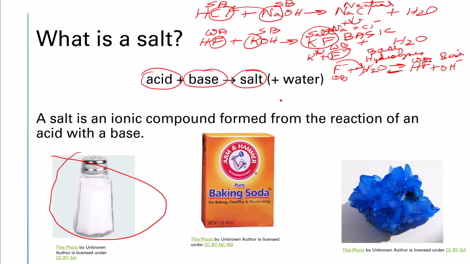Let's try one more. Let's switch it up and let's do NH3. You might remember that NH3 is ammonia, and ammonia is the principal weak base that we talked about. We're going to mix it with a strong acid, and let's do nitric acid this time, just to switch it up. It is a strong acid. We're reacting a strong acid with a weak base. And so what's going to happen here, there's a nice pair of electrons on that nitrogen.